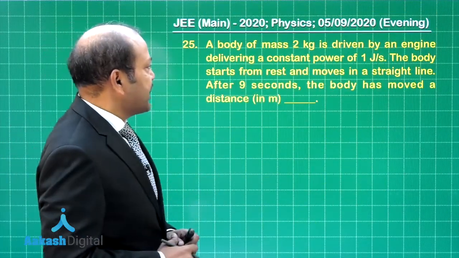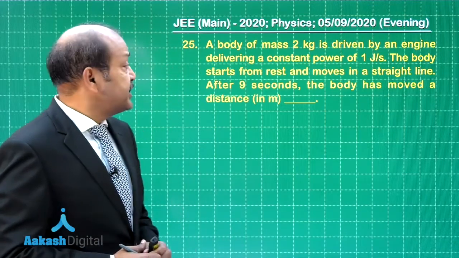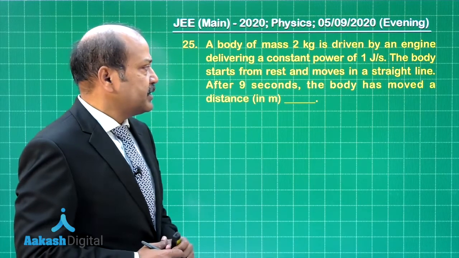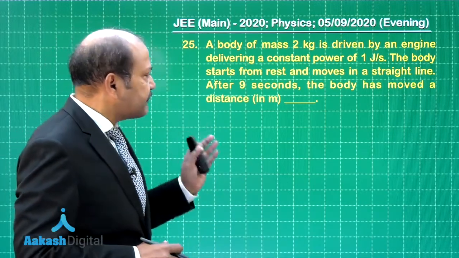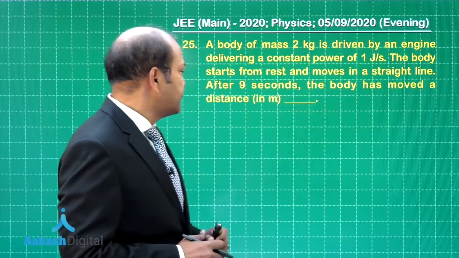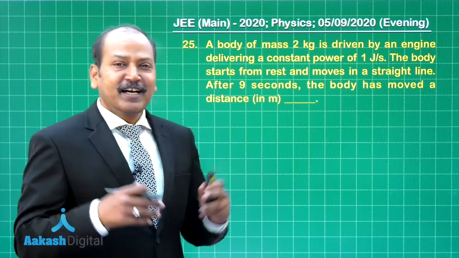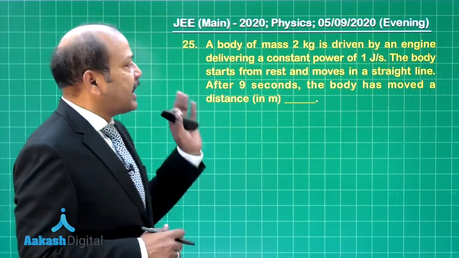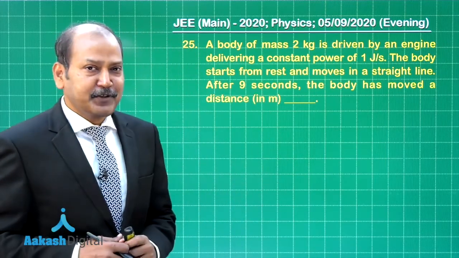Question 25 says, a body of mass 2 kg is driven by an engine delivering a constant power of 1 joule per second. The body starts from rest and moves in a straight line. After 9 seconds, the body has moved a distance in meter of. The concepts involved in solving this question are from work, energy, power and a bit of kinematics also.